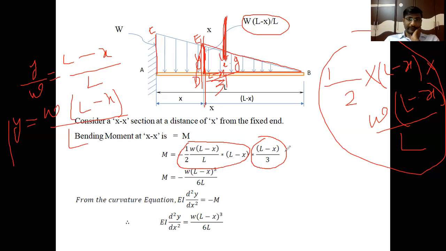So load into perpendicular distance is the moment. Here I am taking a minus sign. Why am I taking the minus sign? The moment of this force about the section is in the clockwise direction. Therefore, we can take it as minus for the clockwise moment on the right side of the section. Okay, students?